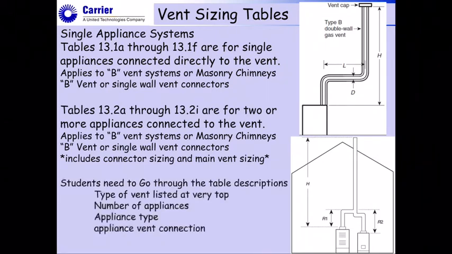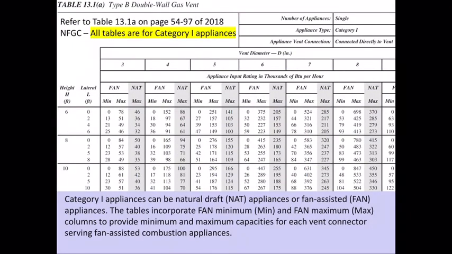So those are all part of what those tables are. It would probably be advantageous as you're going through this to pull out your code book and take a look at what is actually in there, what they look like, and all those types of things. I'll have some examples coming up.